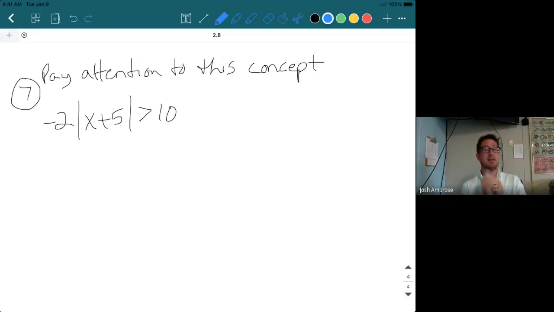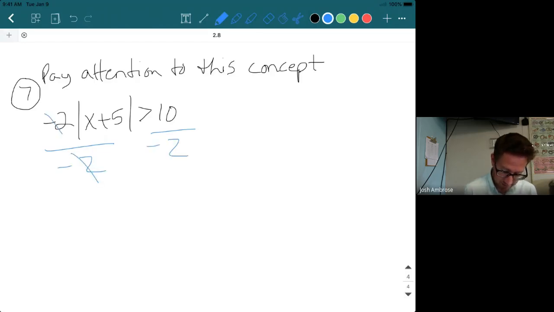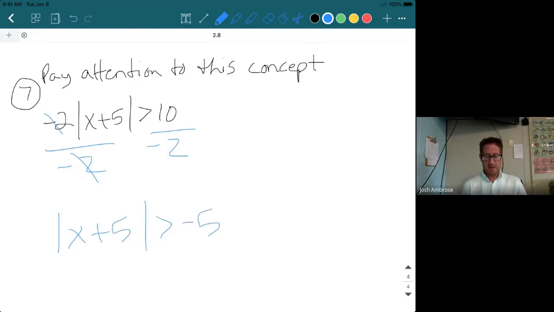Remember, anything not in the absolute value, you have to get rid of first. So how do I get rid of that negative 2? I'm going to divide both sides by negative 2 to get rid of that. So that's going to give us absolute value x plus 5 greater than negative 5. Here's the concept. Pay close attention. Think about this.